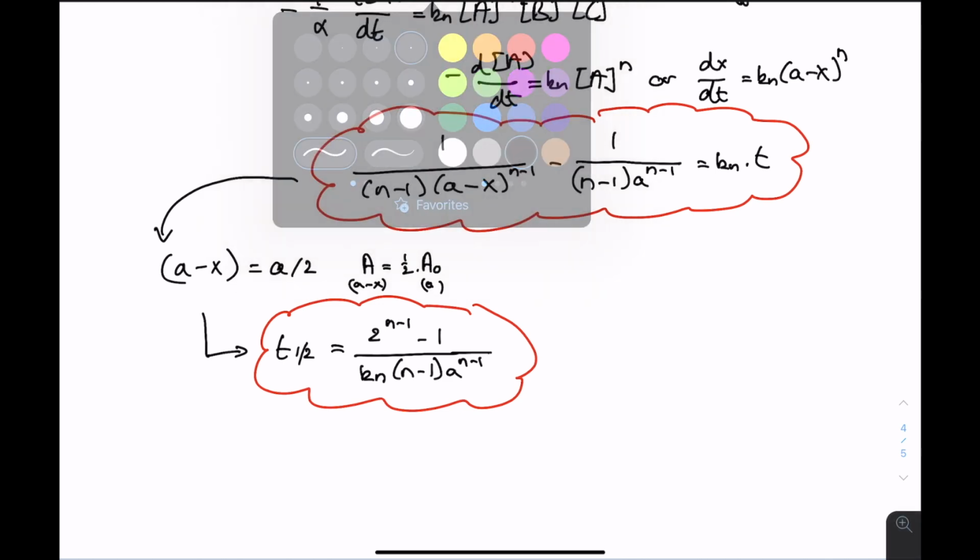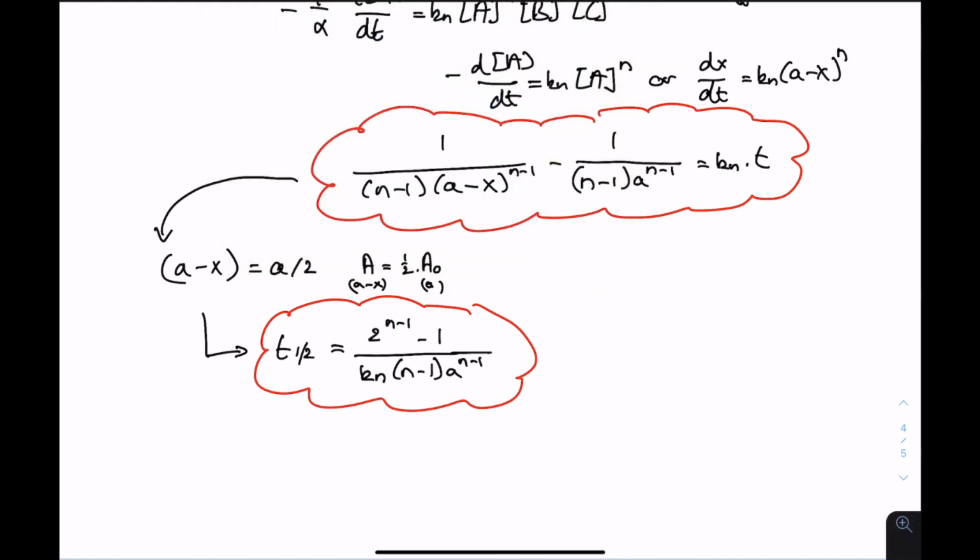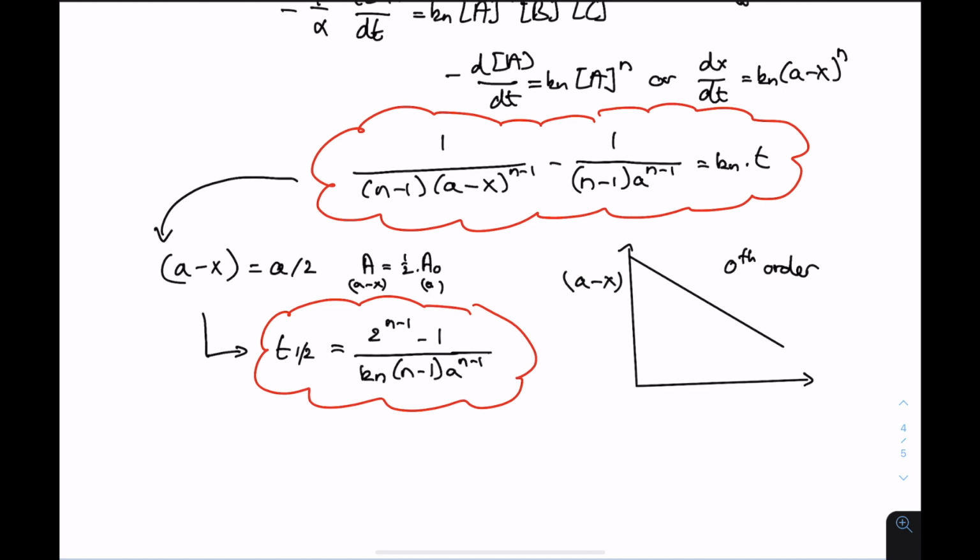Okay, so also for the lifetime, we can express that in different ways, but what I want to just graphically represent now is how these two are related. Right, so if I look, for example, at a zeroth order reaction, we have the concentration of A versus time decreasing linearly.